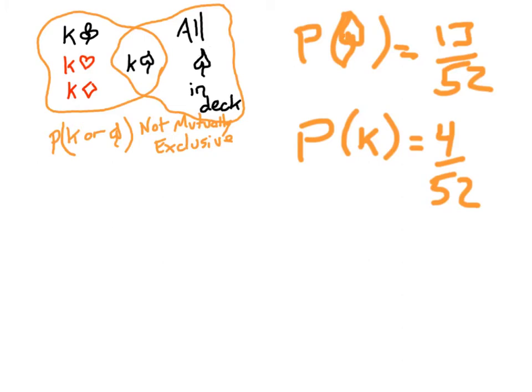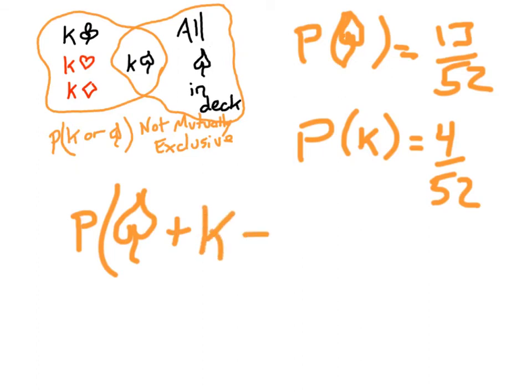You would need the probability of the spade plus the probability of all of the kings minus the kings that are spades, right? I'm going to write them like this. The kings that are spades.